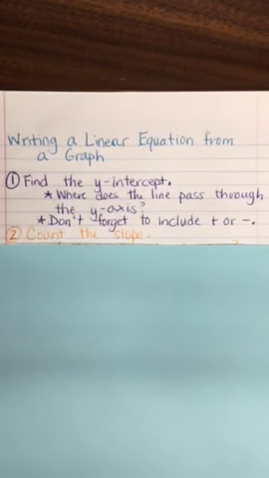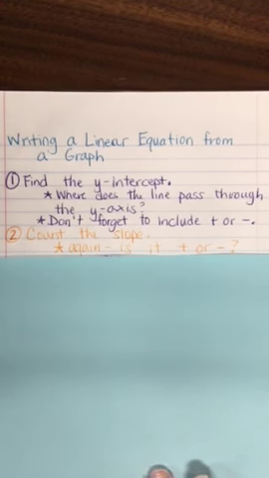The second thing we're going to do after we find the y-intercept is count the slope. Again, when we count our slope, we're going to pay attention to whether our slope is positive or negative.